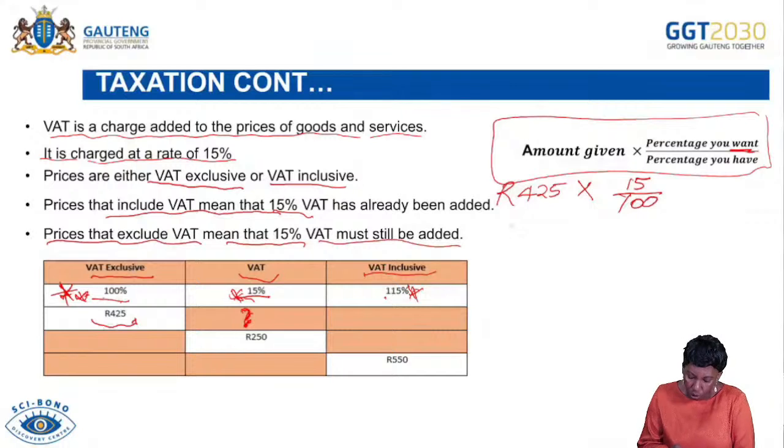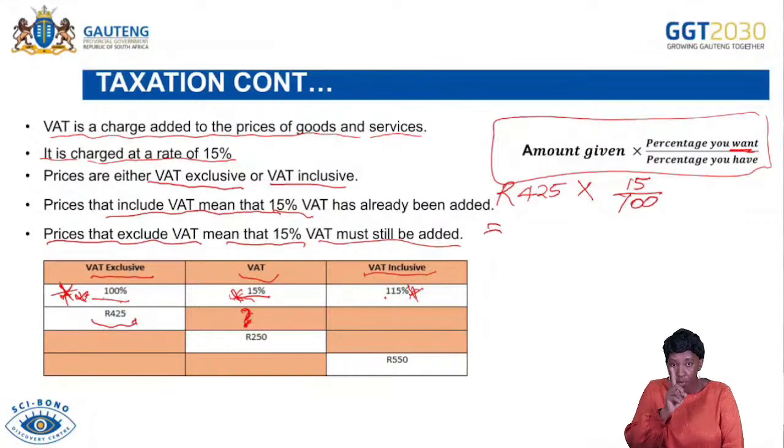Therefore, all I have to do now is to calculate the VAT. I take my calculator and say 425 multiplied by 15 divided by 100. And boys and girls, you need to remember one thing: our calculators will do exactly what you tell them to do. If you punch it in wrongly, it doesn't know, you have to control it.